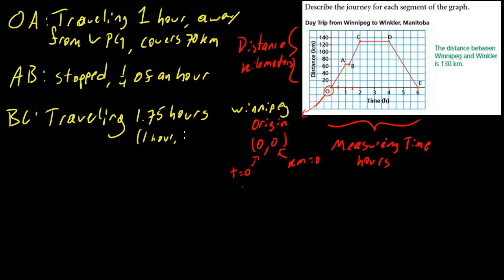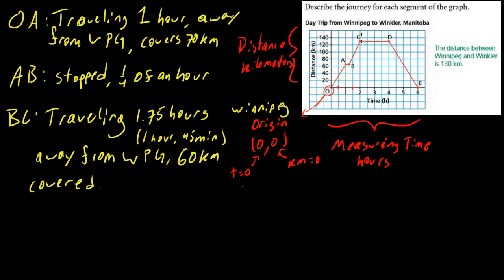If you wanted to, go ahead. Again, it's going to be away from Winnipeg. And if we said this was 70 and that was 130, it means that we've covered 60 kilometers.